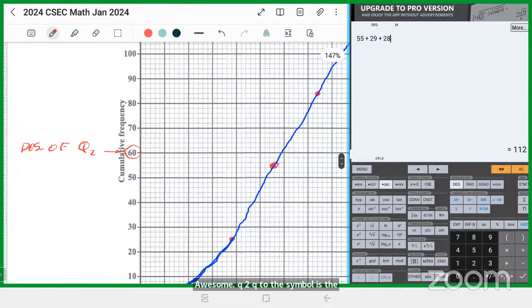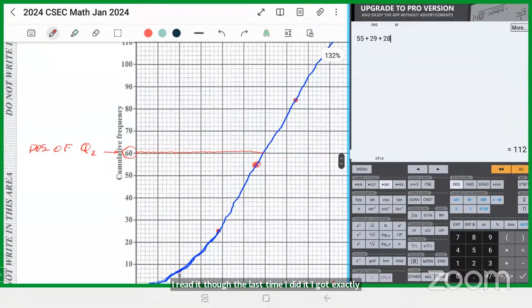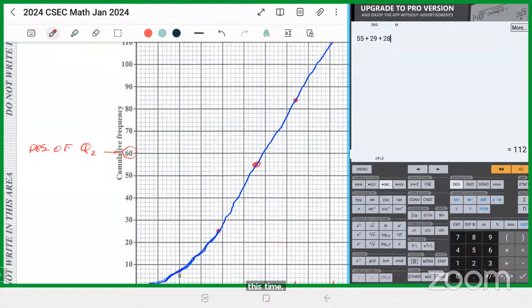Q2 is the symbol, the second quartile symbol, for the median. So you come across on the graph and read it down. The last time I did it, I got exactly this value, but I'm going to work with what I get this time. No problem with that. Not everybody is going to get exactly the same answer, and not everybody is going to draw that curve exactly the same way.